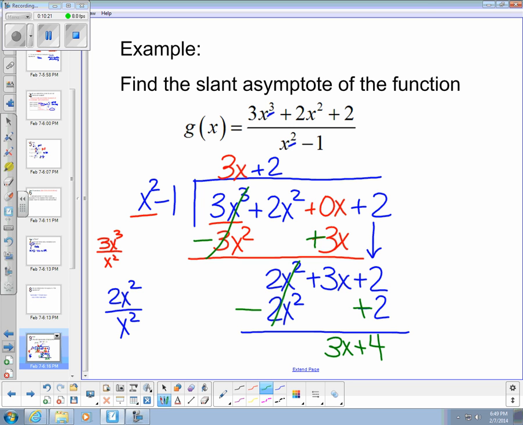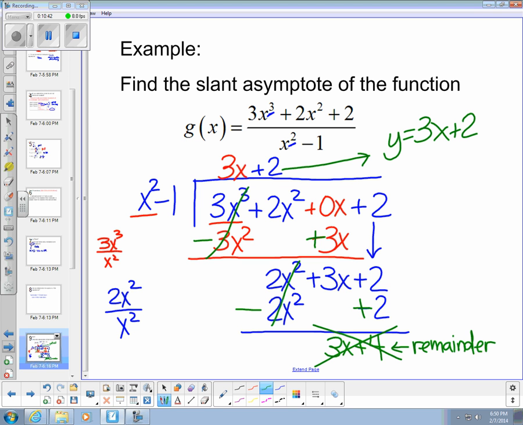I can't divide 3x by x squared, so this is my remainder. But since I am finding slant asymptotes, I'm going to ignore the remainder, and my slant asymptote is at y equals 3x plus 2. So I would have to graph that line for my asymptote.